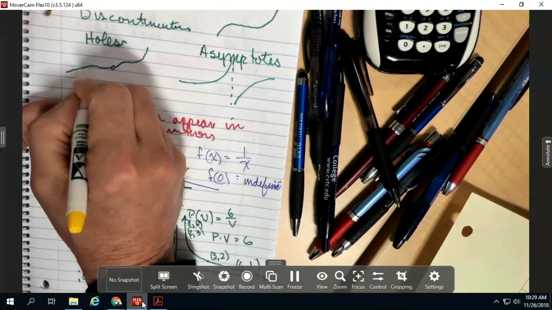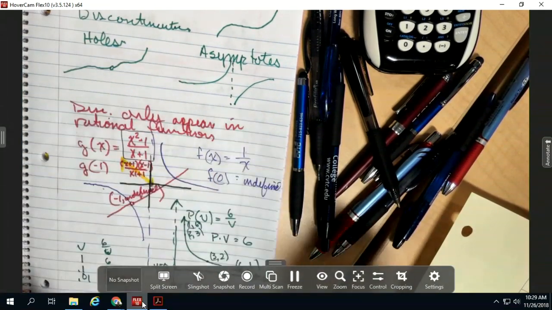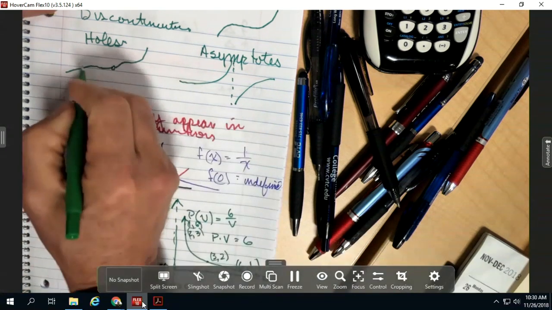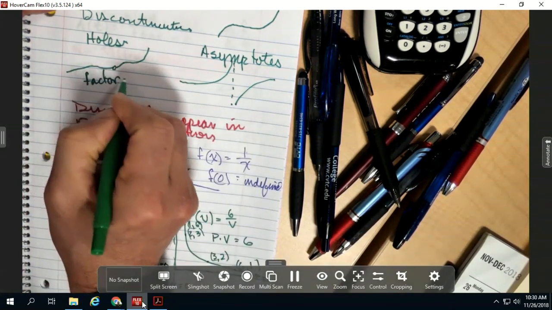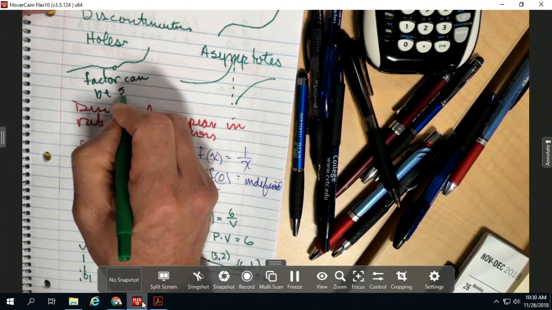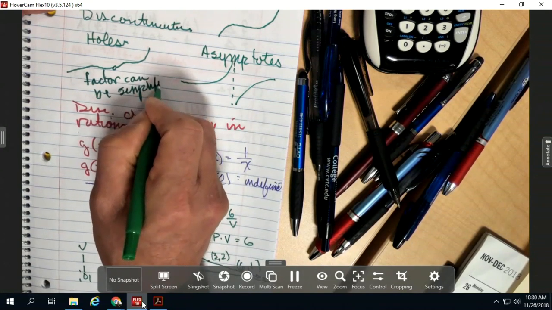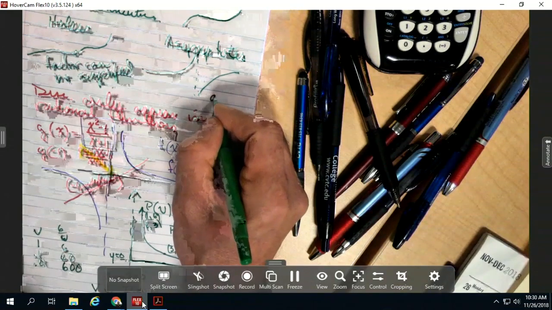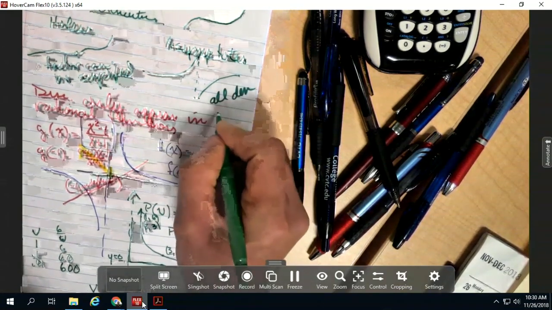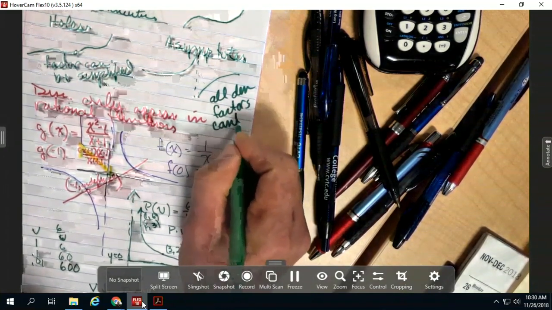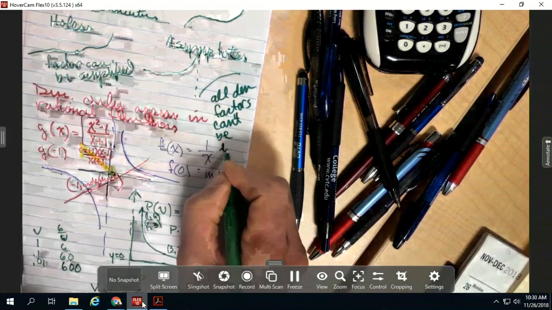So a hole has a factor that can be crossed off. Can be simplified maybe. An asymptote, all denominator factors can't be eliminated.